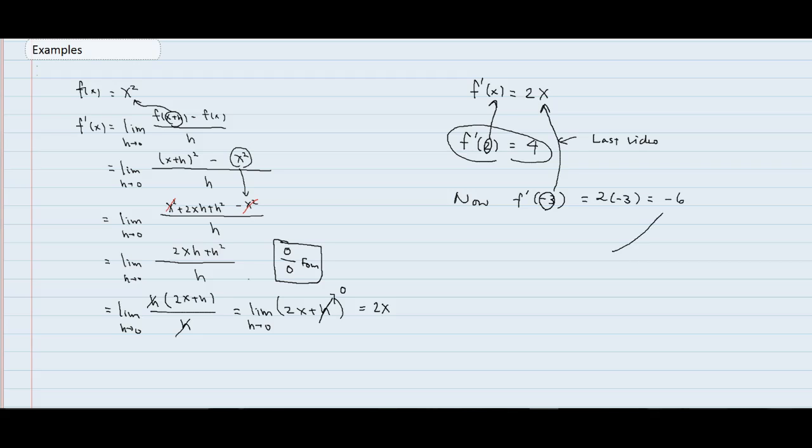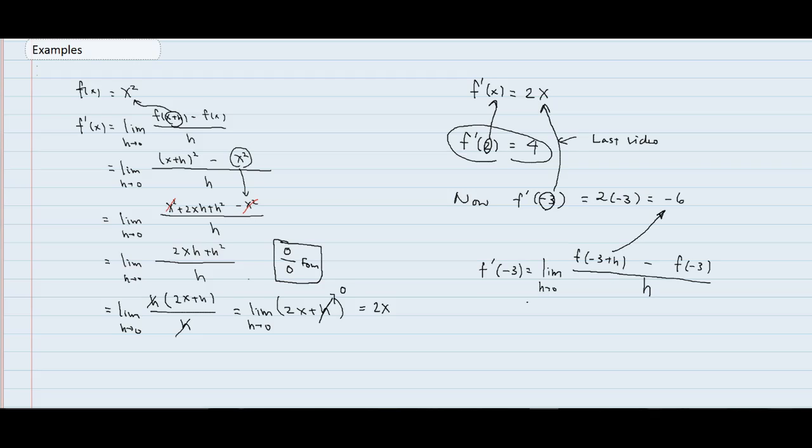So do notice that this is much faster than if I were to go through this definition, which is going to be the limit as h goes to 0. In this case, the value of a is -3, so it's going to be f of -3 plus h minus f of a, which is -3, all over h.